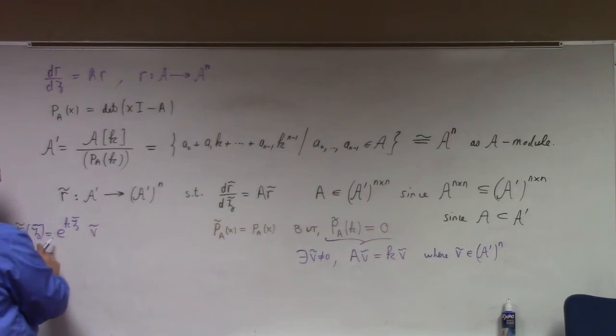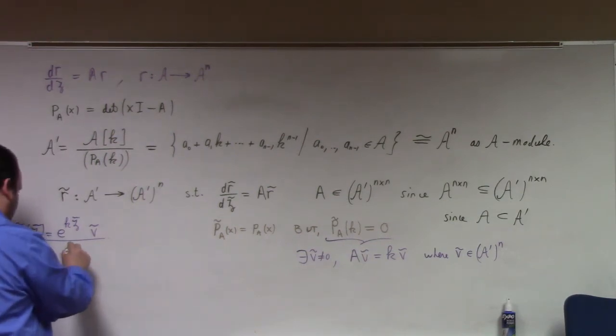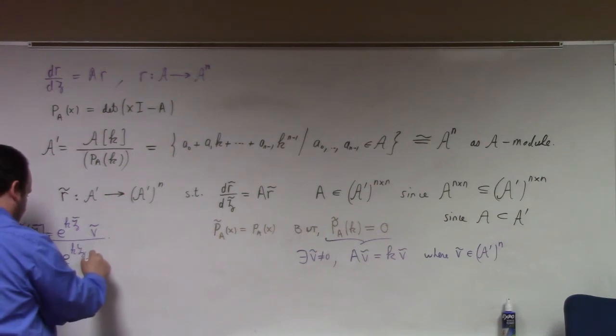Great. That would be a solution on the extension algebra. That's not actually what I want, though. So here's the trick: if you have this, you can just as well write this algebra variable. And then I have e to the k, the algebra variable, v tilde.